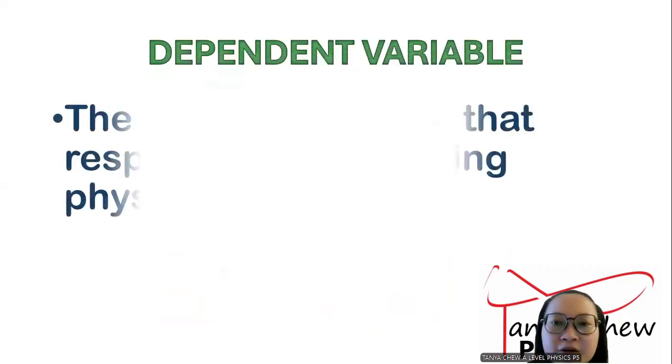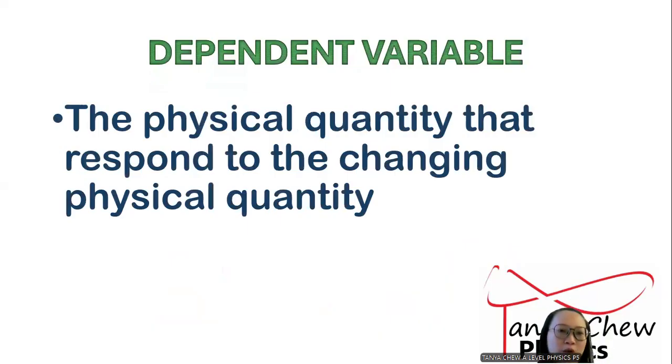The dependent variable is the physical quantity that will respond to the changing physical quantity. So the dependent variable actually depends on the independent variable. Once the independent variable is changing, the dependent variable will change according to it. Sounds confusing, right? Don't worry, I will give you some examples.